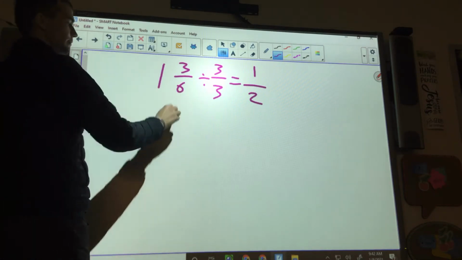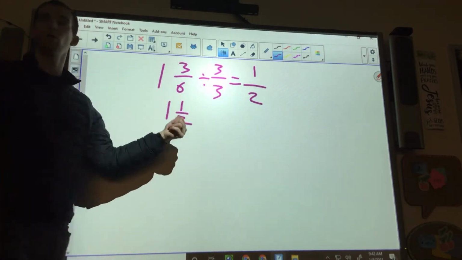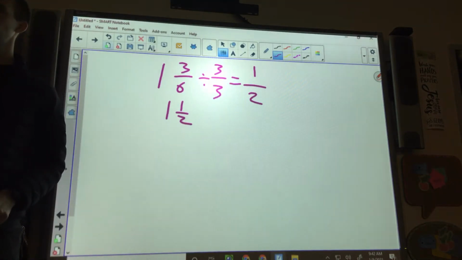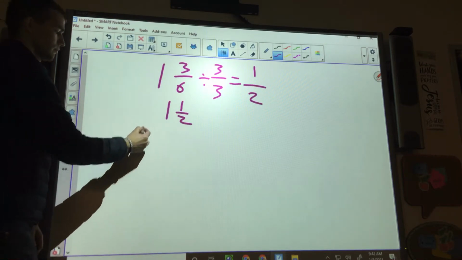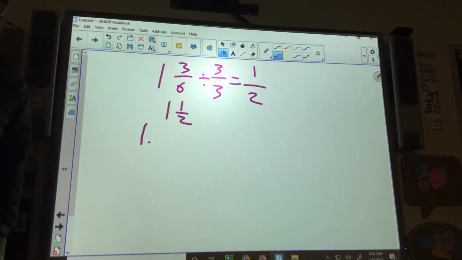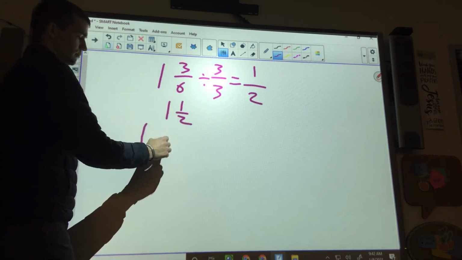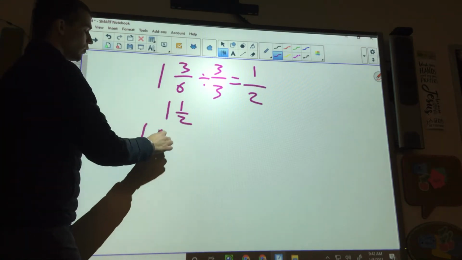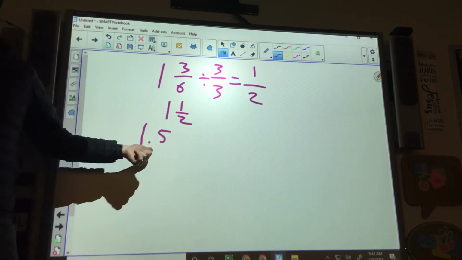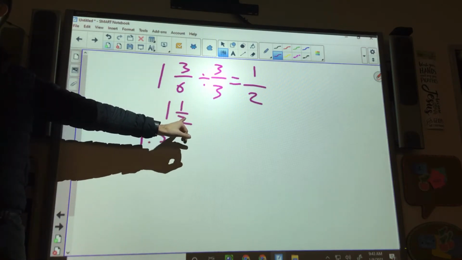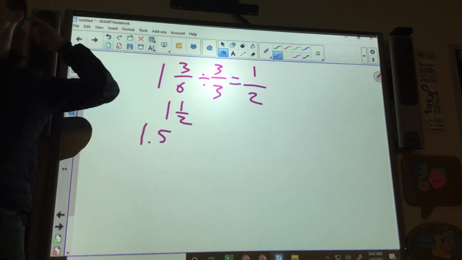So this now becomes 1 and 1/2. Anyone remember what 1/2 is as a decimal? 1.5. Yes, 1.5. If we don't remember that it's 1.5, 1/2, how do we make 1/2 over 10 or over 100?